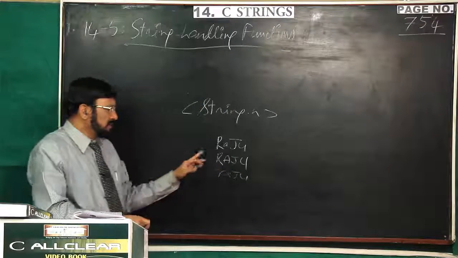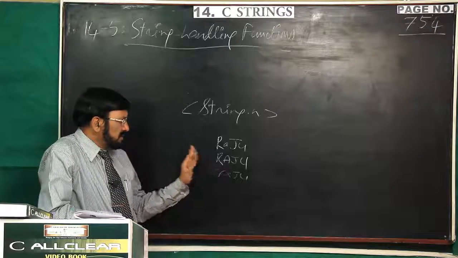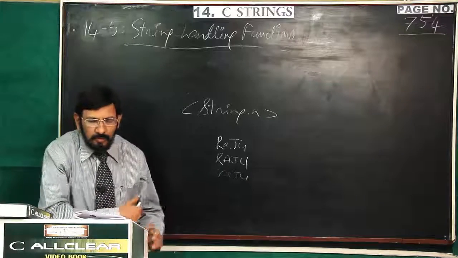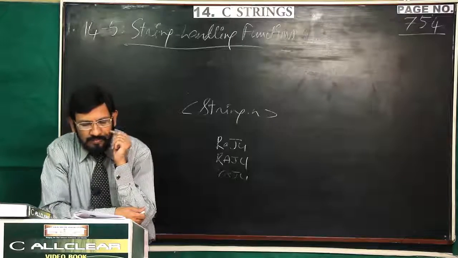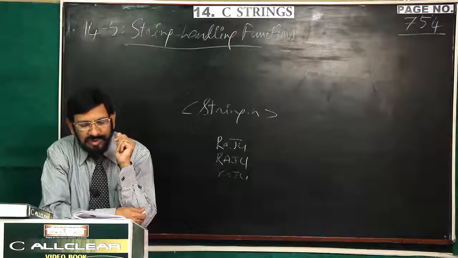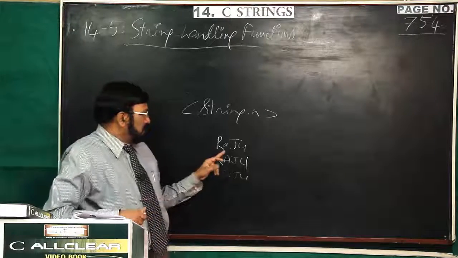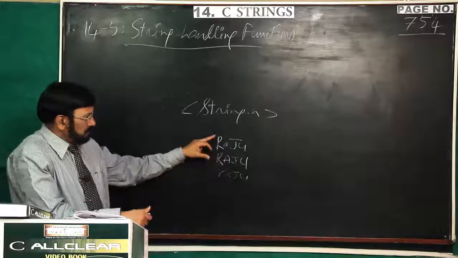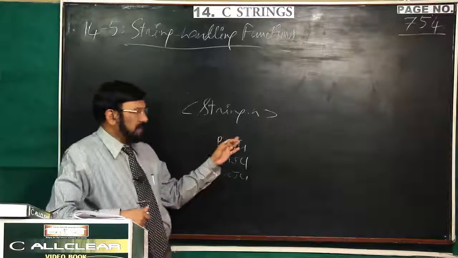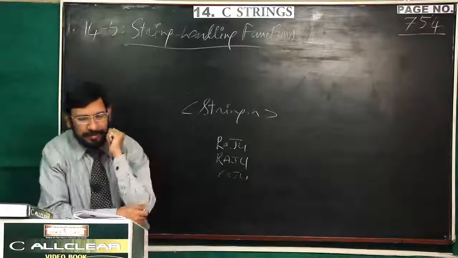Then, when you make a string comparison, these three are treated as different strings. So, here one more version is provided: stricmp, ignore case. If you apply stricmp, the three are identical. It recognizes the three strings are identical.